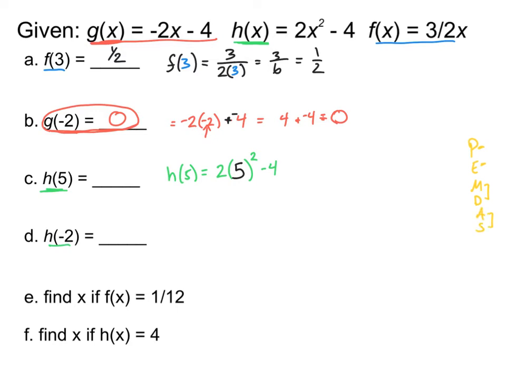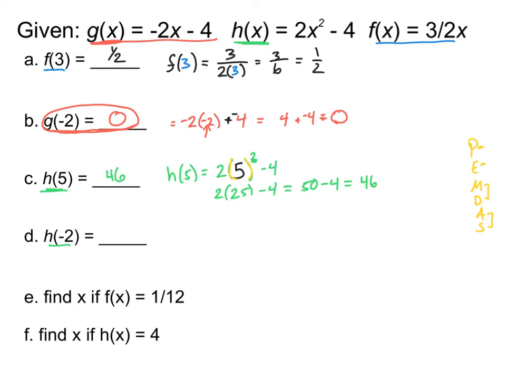So I'll do what's in parentheses first, which is the 5, and I can't do anything with it, so then I square it, so that's 25. Then I multiply by 2 and subtract 4, so that's going to be 50 minus 4, which would be 46 is the answer there, 46.